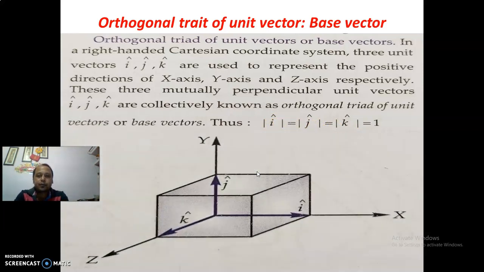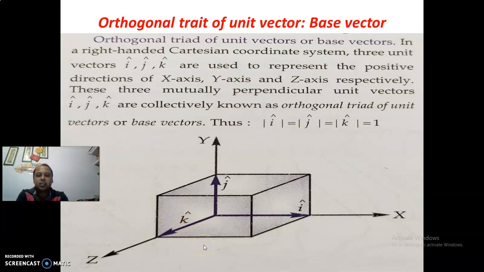Now, here you see, we are considering three axes, x-axis, y-axis and z-axis. The vector which has unit magnitude along x-axis is known as i cap, the unit vector along x-axis. Along y-axis it is always represented in any equation by j cap, and along z-axis it is represented by k cap.